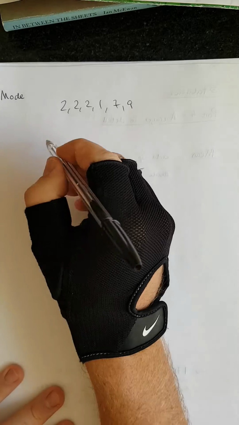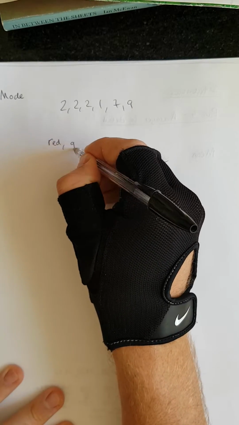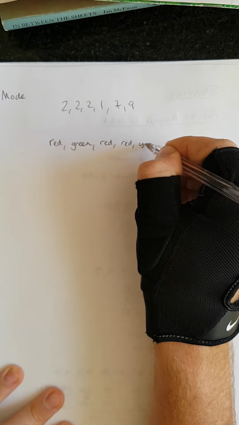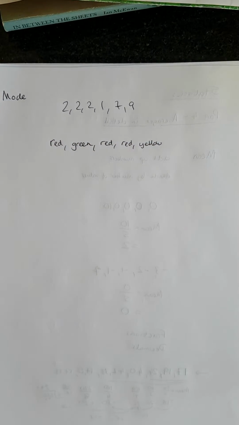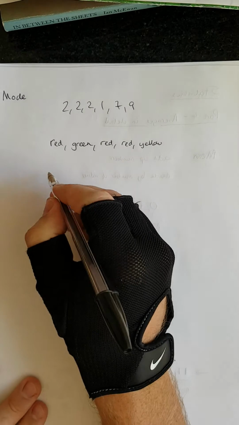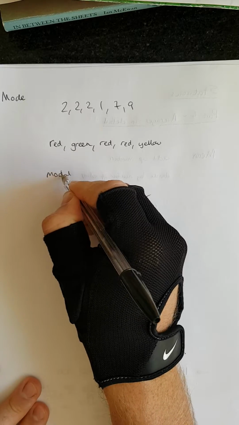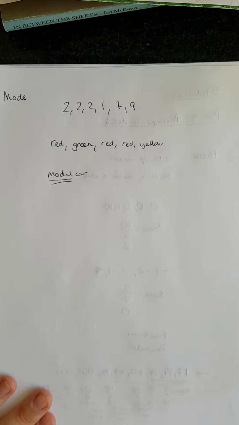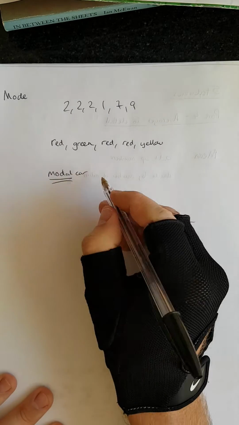But because it's a value, it also works in this situation. So these are 5 cars that went past my house in the last 10 minutes. What's the modal car? The most common car. Well, it's red.